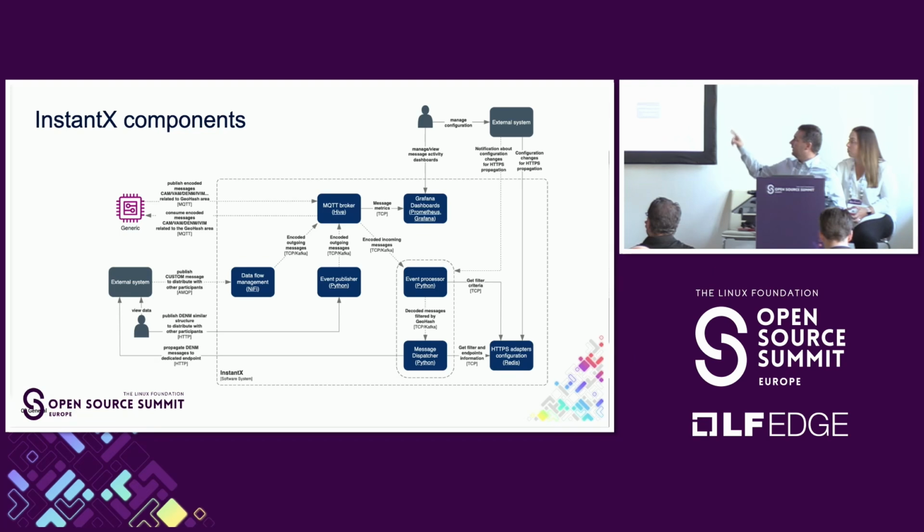After that, using Kafka, they are sent to the MQTT broker, and it follows the same flow that I described previously. And the same happens with the end user with the HTTP protocol, that receives the messages through the event publisher written in Python, following the rest of the flow.